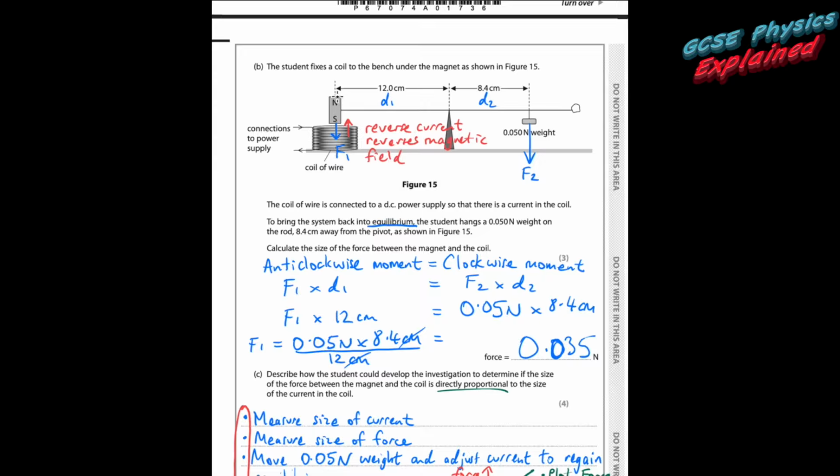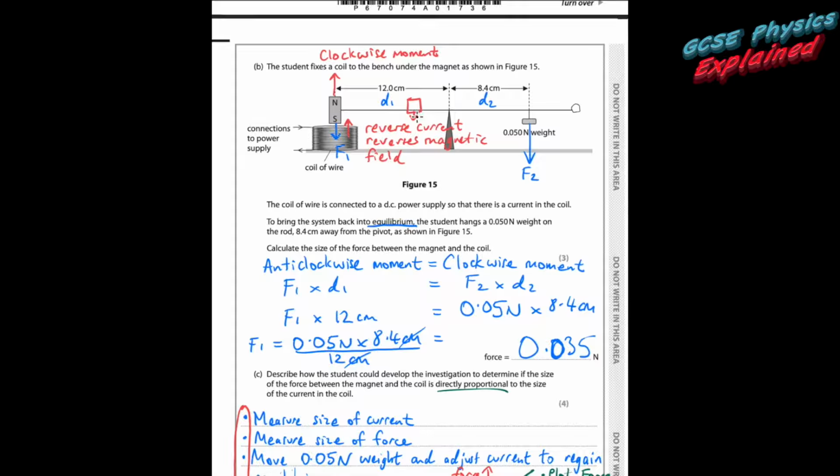So what you'll then have is a clockwise moment created by the magnet. So then you will have to move this weight to create an anti-clockwise moment. Now the way you'll do that is to move this weight onto this side of the pivot.